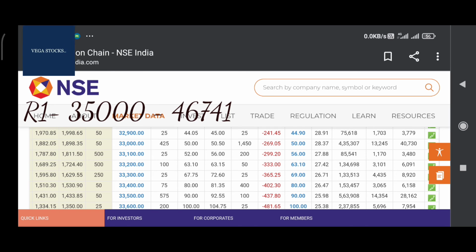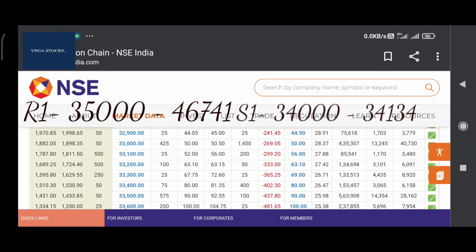Resistance 2 is at 36,000 with an open interest of 42,515. Similarly, support 1 is at 34,000 with an open interest of 34,134, and second support is at 33,000 with an open interest of 40,730.